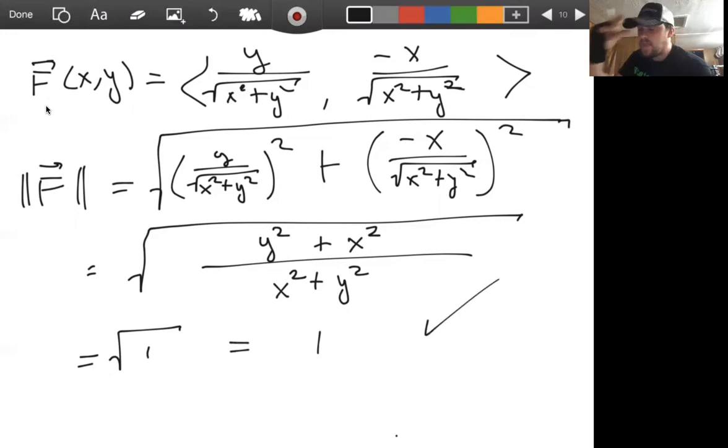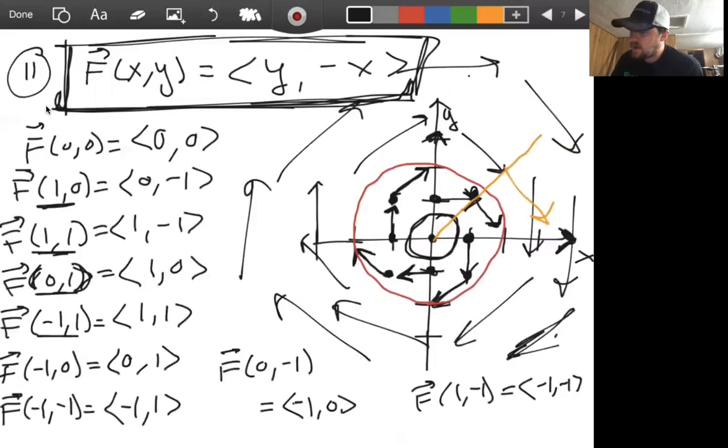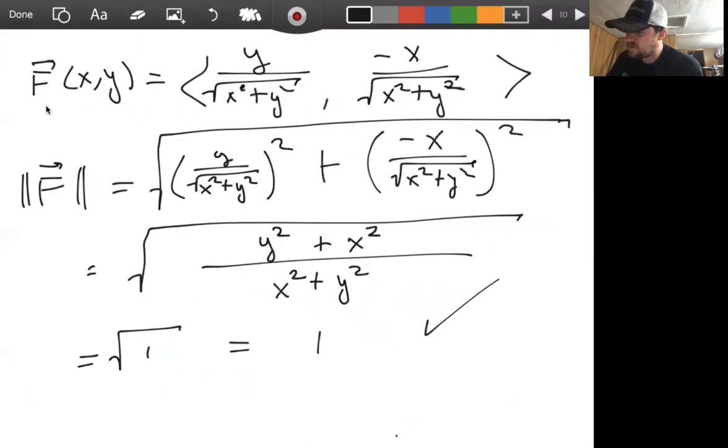That's good to check. So how did we go from a non-unit vector field to a unit vector field? Here you can see the directions are all the same. The directions will remain unchanged. It's just the magnitudes that have been fixed to length 1.